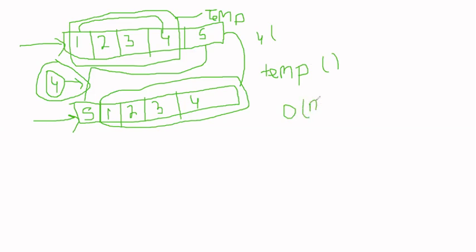Is that clear with everyone, why I'm storing the values in the temp array? Okay, Aryan. Let's try to design the code for this first. After that, if we face any doubt, we'll discuss that.